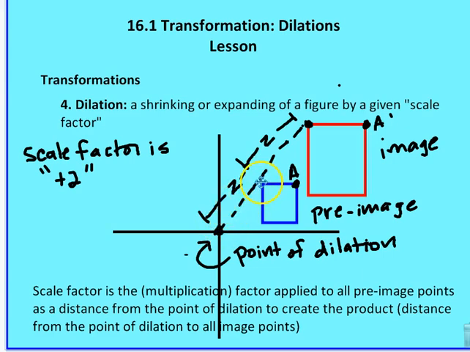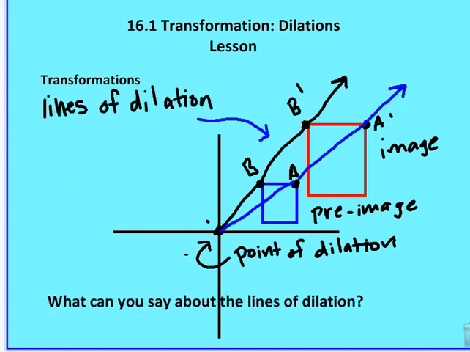If this, let's say, is point B, then this line of dilation goes through both points, and the distance from the image point here on the red rectangle to the center of dilation is now going to be twice that of the distance from the pre-image point on the blue rectangle to the center of dilation. So we say the scale factor is 2. So we're increasing the size of the image from the pre-image by a factor of 2 from the center of dilation.